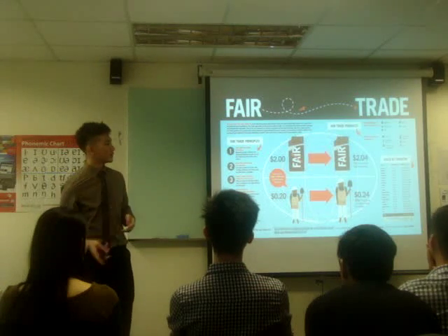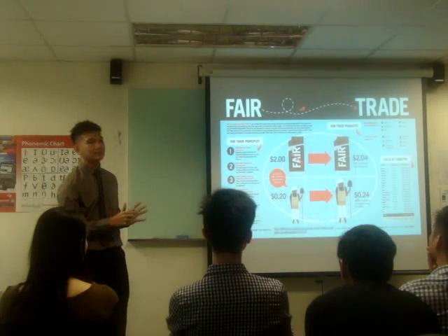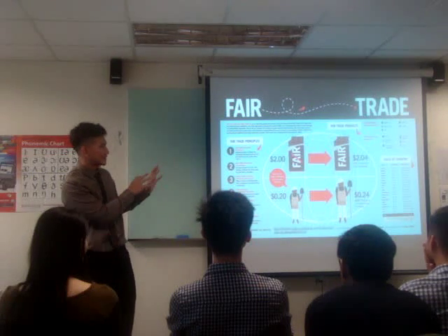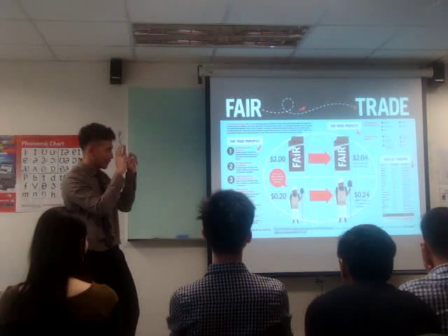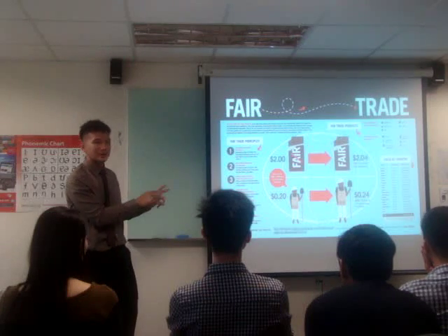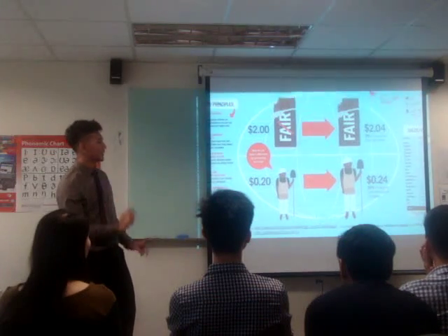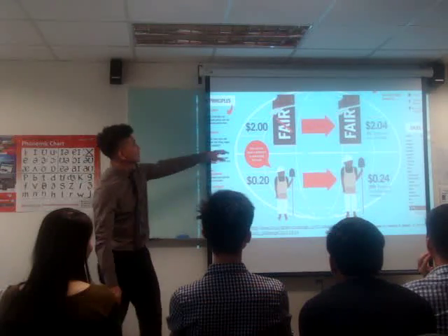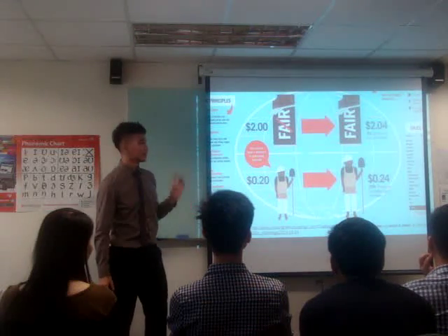Now, this is about the fair trade scheme, but I will make it eye-catching because it's very easy to understand the fair trade practice. So here, this is cocoa, for example.